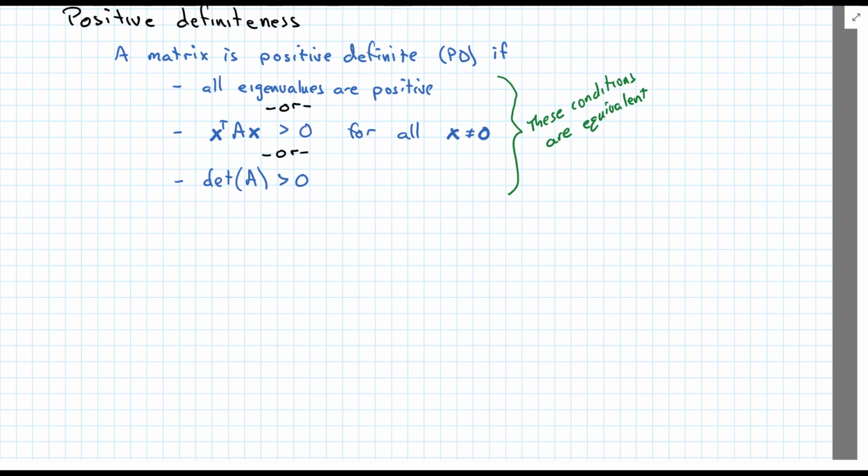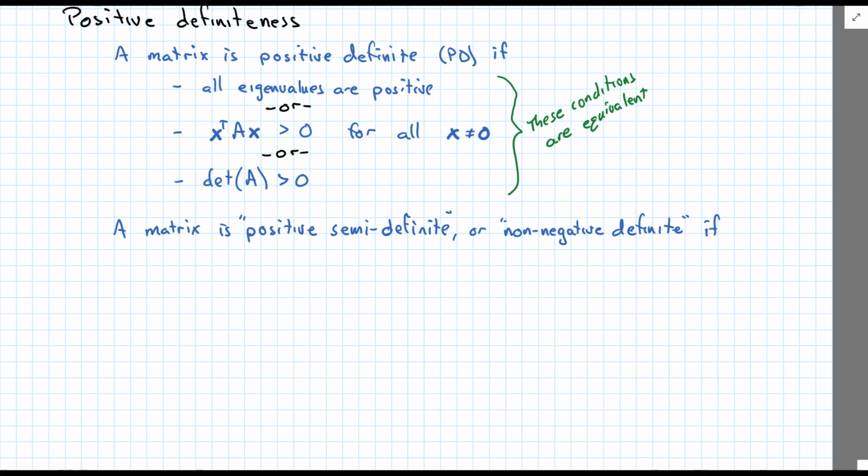Well, sometimes we don't have a positive definite matrix, but we might have a positive semi-definite matrix, sometimes called a non-negative definite matrix. And the conditions here are pretty much the same as for a positive definite matrix. The difference is all eigenvalues have to be greater than or equal to 0 instead of strictly greater than 0.